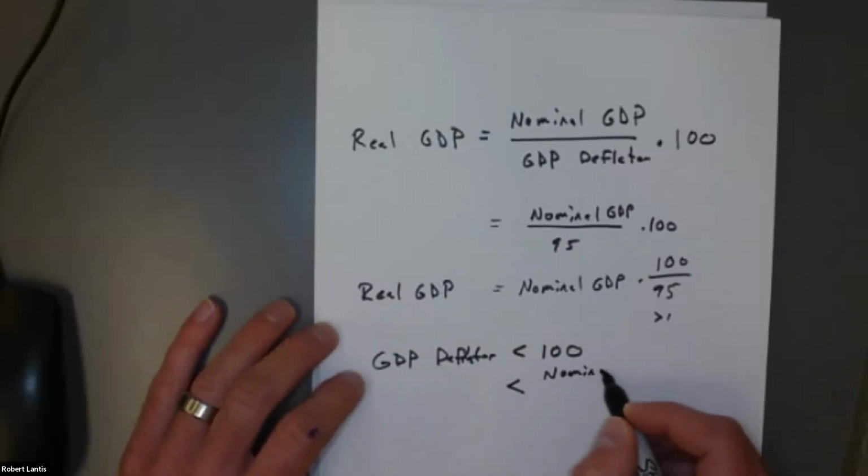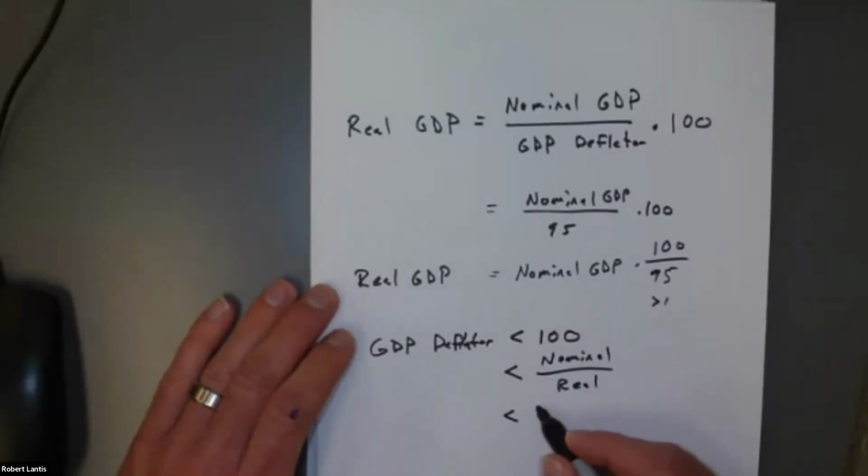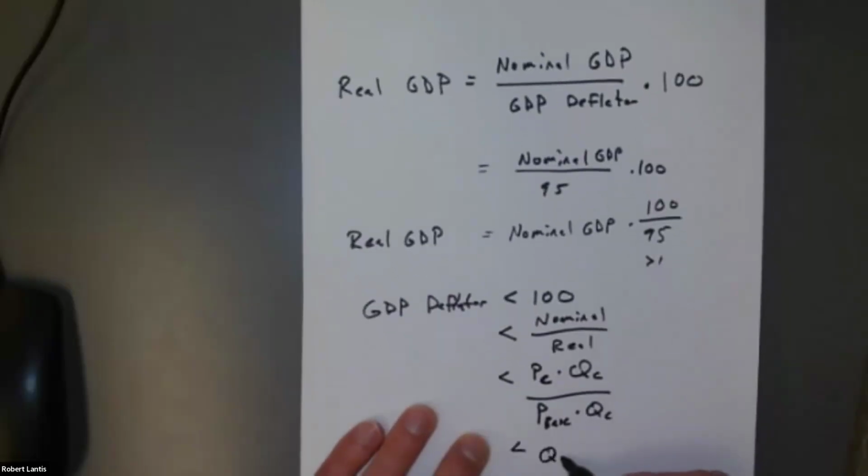So if my GDP deflator is less than 100, we had our GDP deflator is nominal over my real GDP. We already had rewritten this earlier. Nominal GDP is my current price times the current quantity. Real GDP is my base year price times the current quantity. So anytime I'm looking at this, I could write this as quantity gets canceled out.